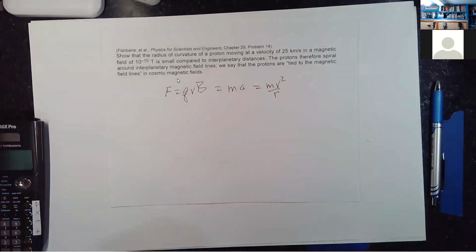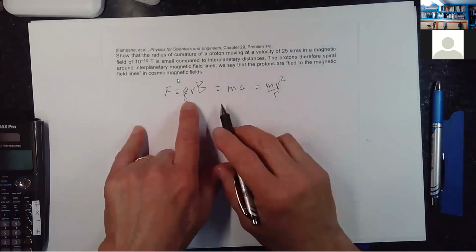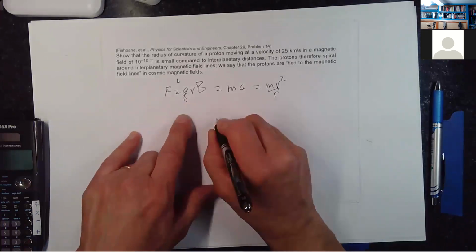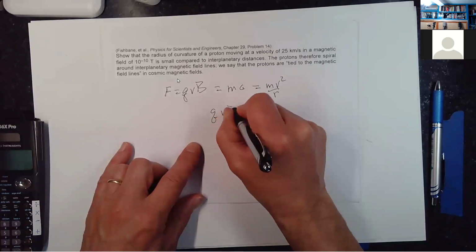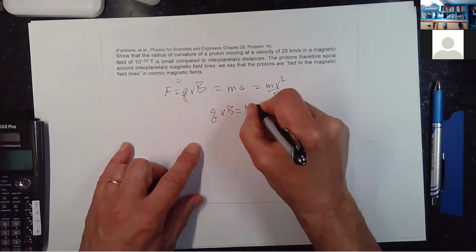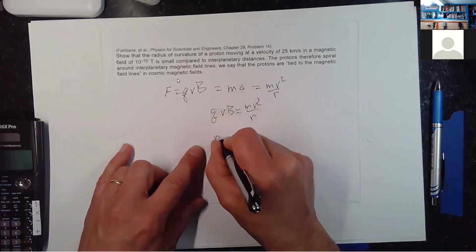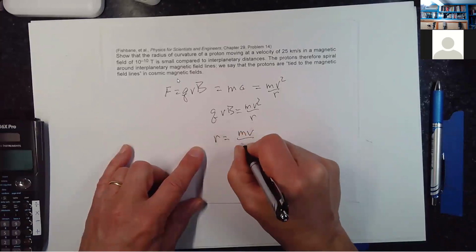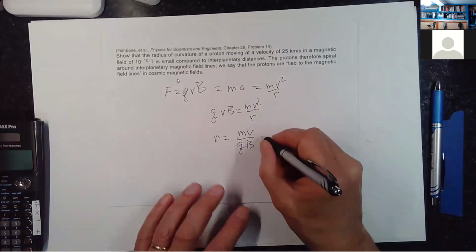We did an example like this the other day. Setting these two equal, QVB equals mv squared over r. Solve for r, and we get mv over qB. One of the v's divides out.